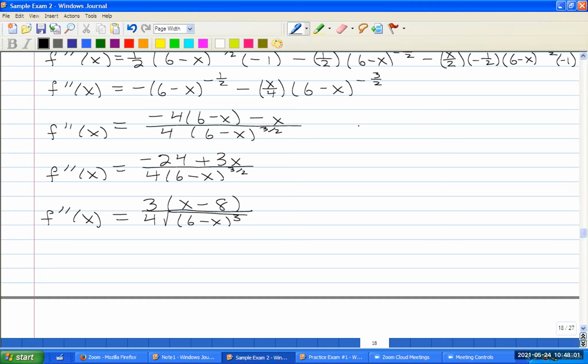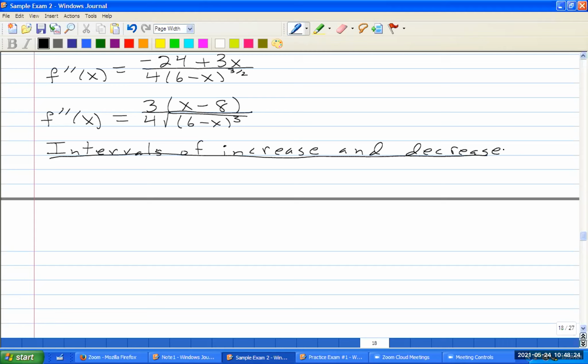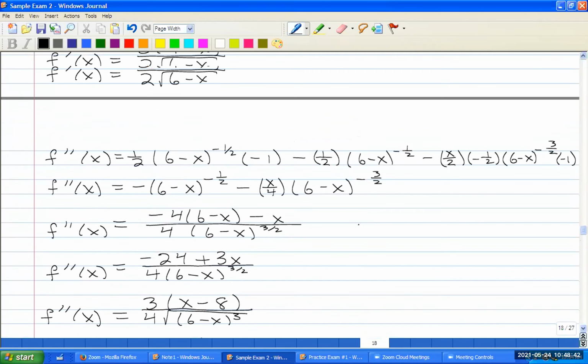Let's determine the intervals of increase and decrease. So to do that, I'm going to have to determine my critical numbers. Okay, so let's find the critical numbers.